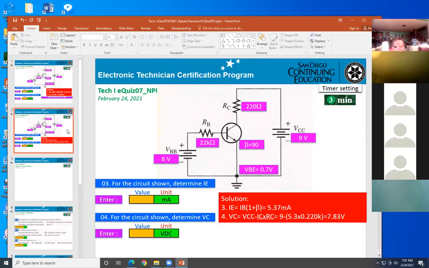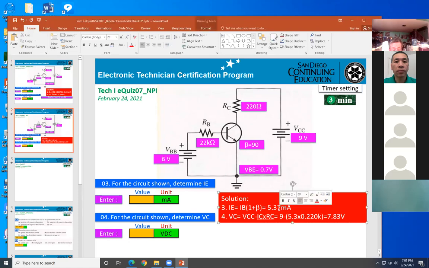Now that one will be wrong, right? Yes, so it equals 21.9. You say 21.9? Yes, agreed. How about VC? 4.23.